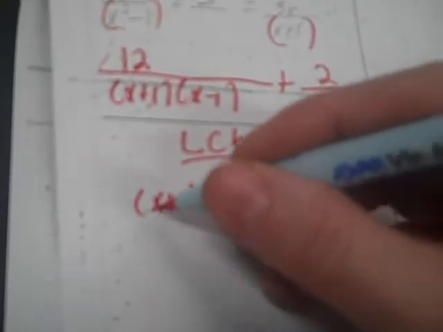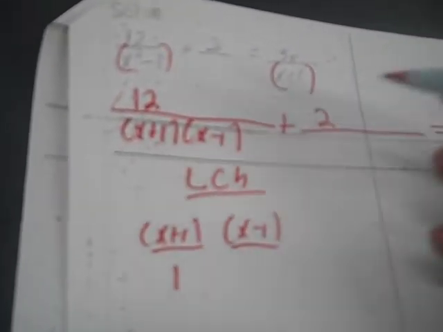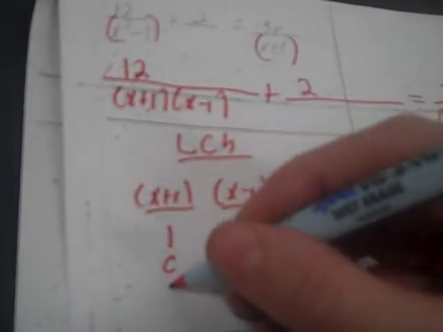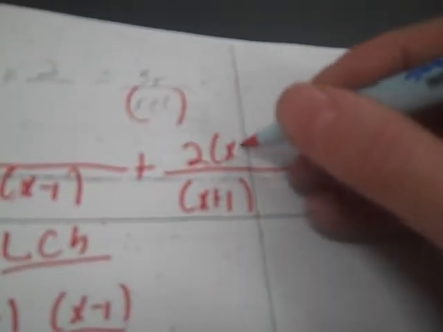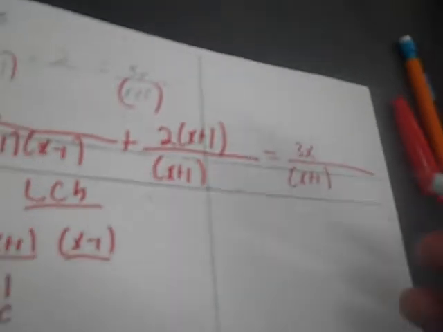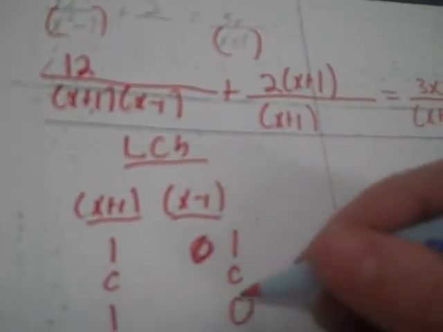On the bottom, I have an x plus 1 in parentheses, an x minus 1 in parentheses, and another one I already have, and there's no outer factors on bottom to worry about. So x plus 1, I got 1, 0, 1. And you got to bring that on top, too. X minus 1, 1, 0, 0.